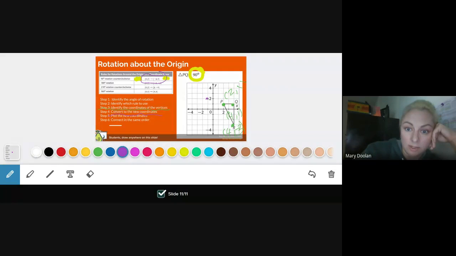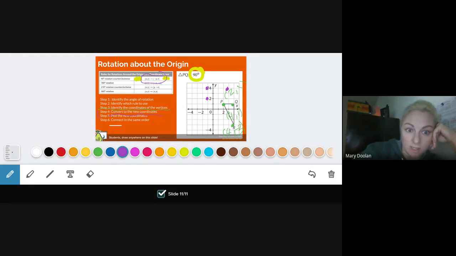Negative 1, positive 2. Okay, and then for Q, (4, 1) becomes (negative 1, positive 4). And then for R, we get (3, 4). Which is here. Okay, so that's using the rule and plotting the new coordinates as well.